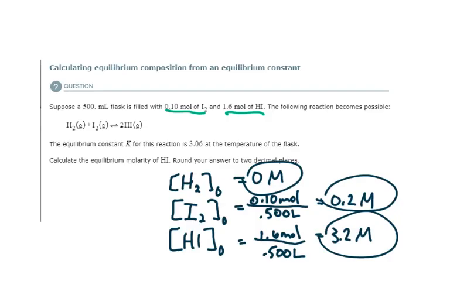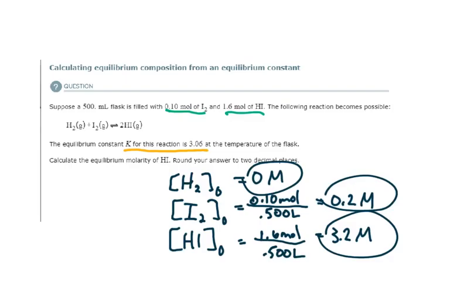We look at the problem, and we see that they give us K for this reaction. Ask yourselves, how do we find K again? You remember, K, and since we have concentrations, I'll use Kc. Kc is equal to the products raised to their stoichiometric coefficients over reactants raised to their stoichiometric coefficients. Well, they give us K. Say it's 3.06.